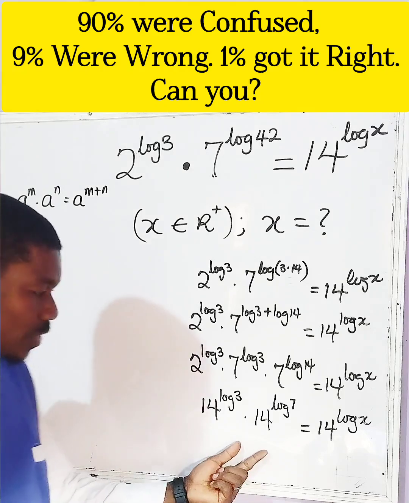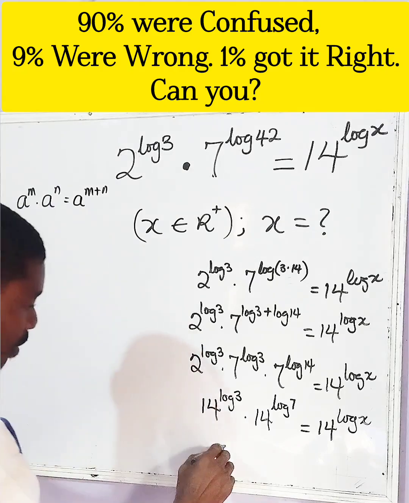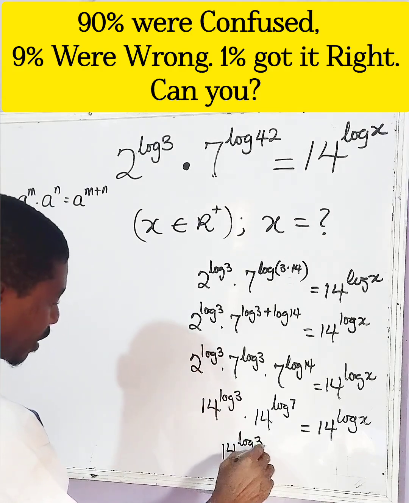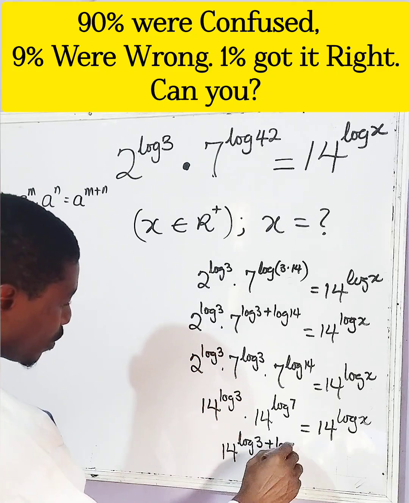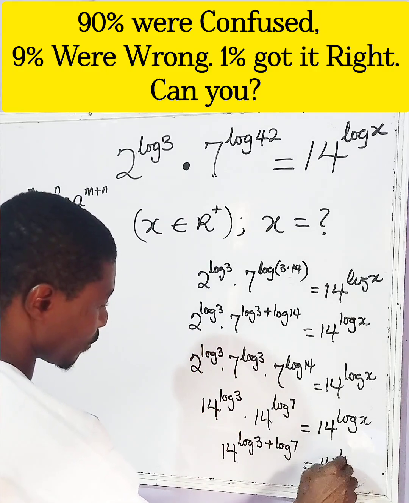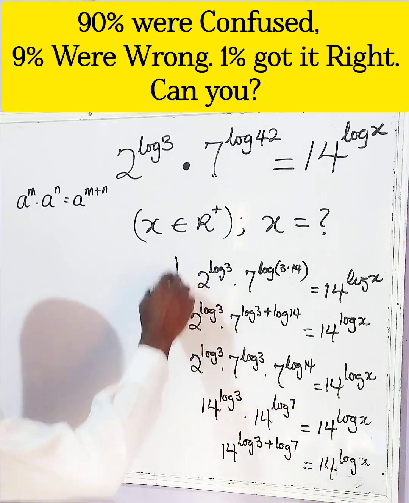Applying this rule here, since they have the same base, this becomes 14 raised to log 3 plus log 7, which gives us 14 log x.